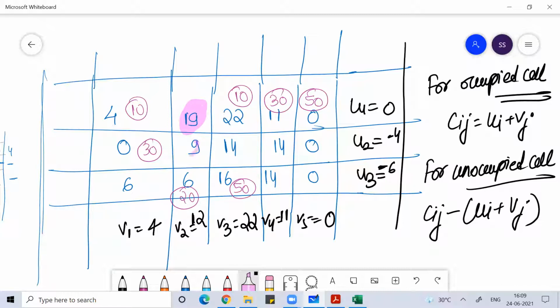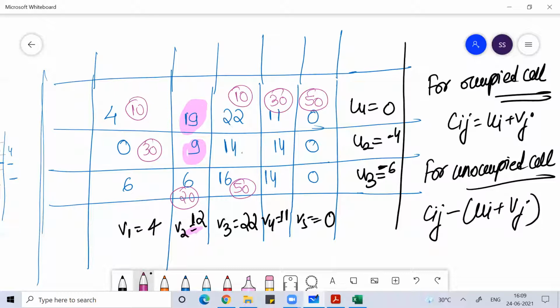Then this cell. This is 12, this is 4. 12 minus 4 is 8, 8 is less than 9. So Cij minus Ui plus Vj would be positive. Then 22 minus 4 is 18. 18 is more than 14. So here you are getting a negative value.